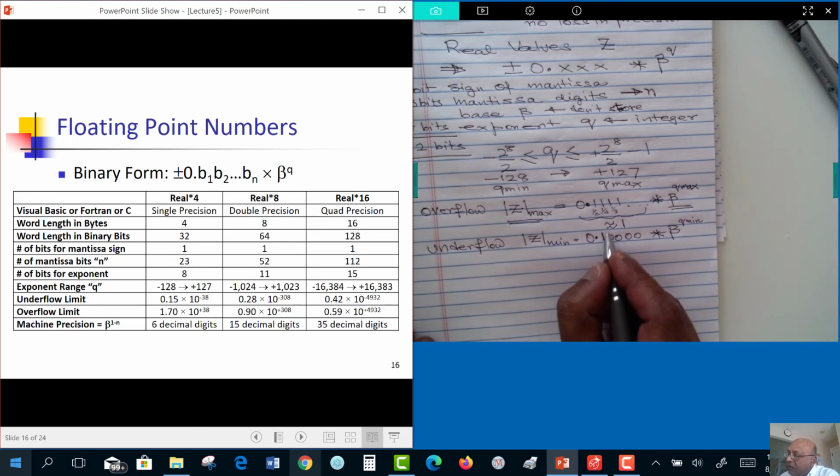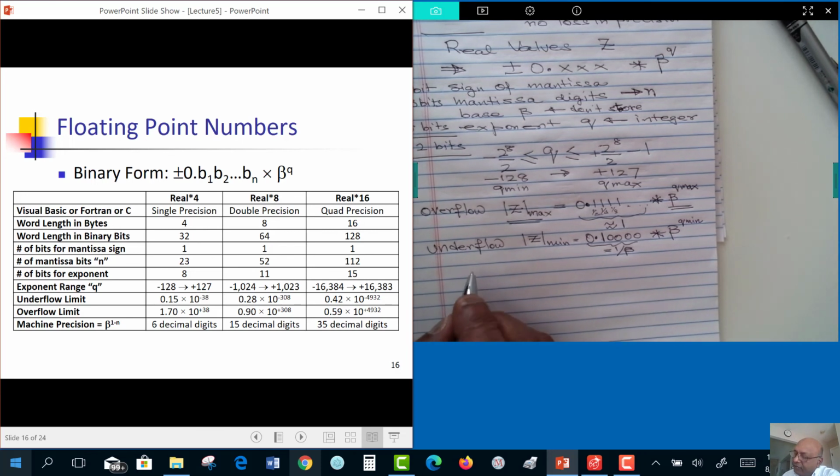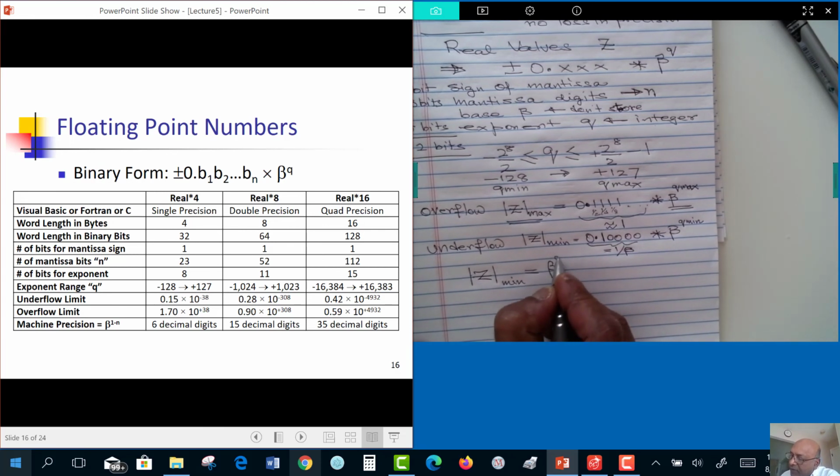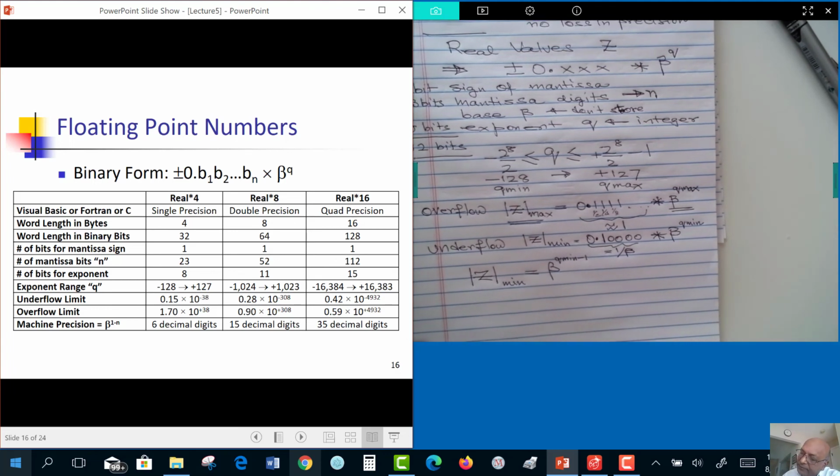So this is like 1 over 2, so this is like 1 over beta. Therefore, we have a formula for underflow, which is beta to the power Q min minus 1.